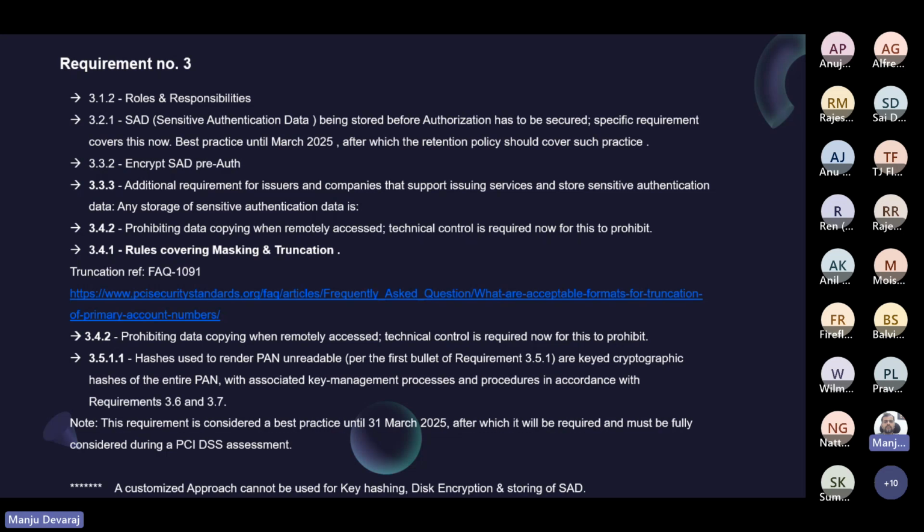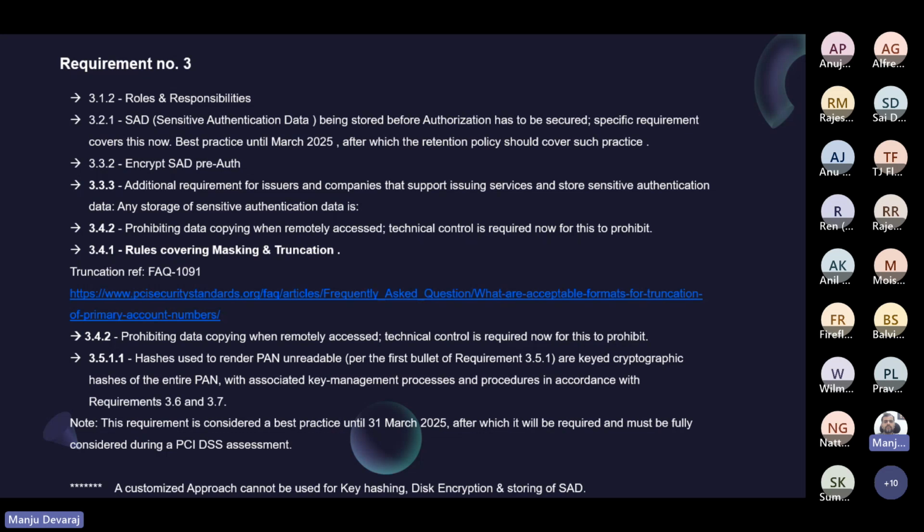Private data copying when remotely accessed, right? Remote access. Yeah, talking about technical control, what has to be checked, what technical control is there, or how you prohibit such activity. Rules covering masking and truncation. FAQ is there, as I said. Yeah, once again, 4.2 is repeated here. Sorry for that.